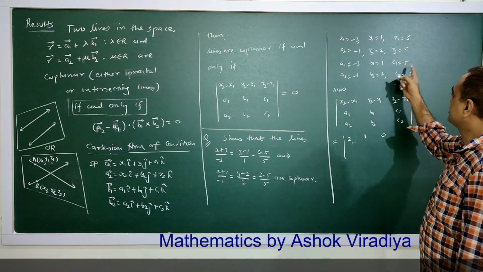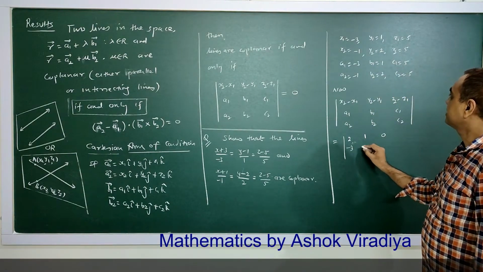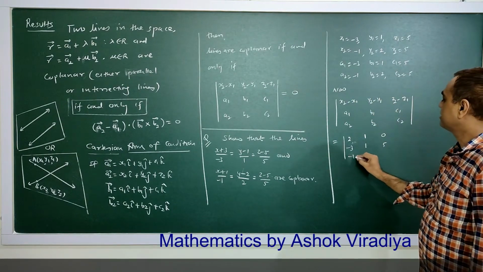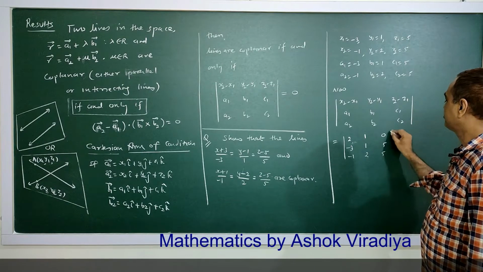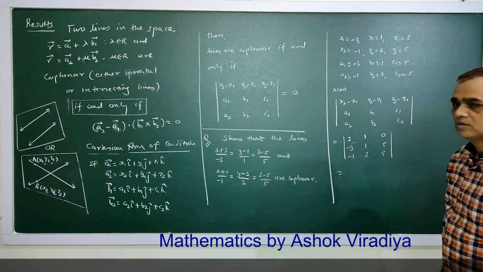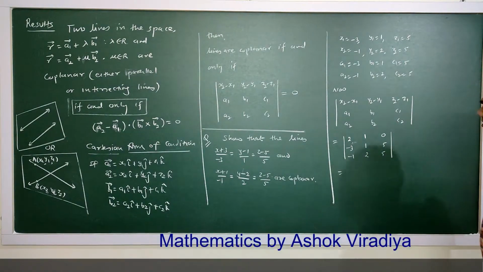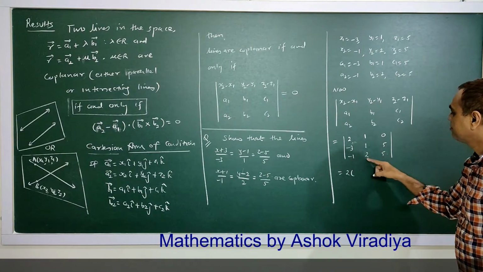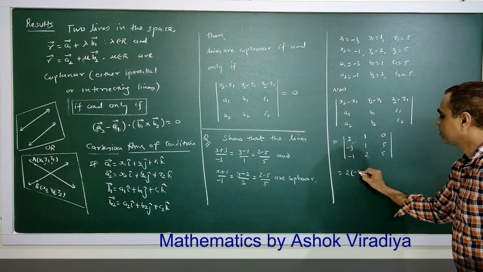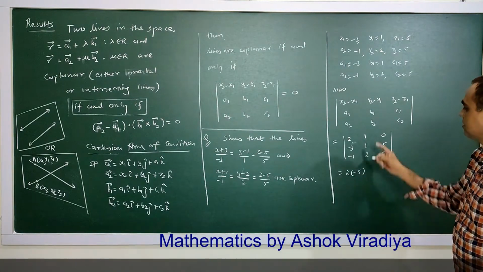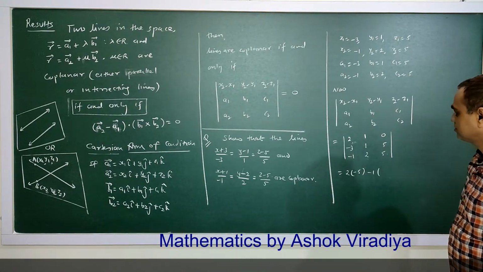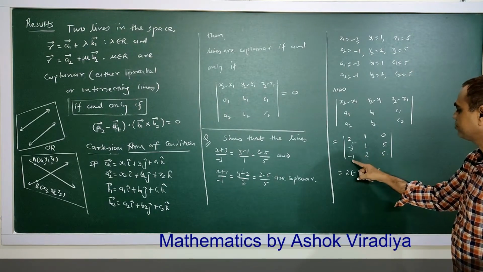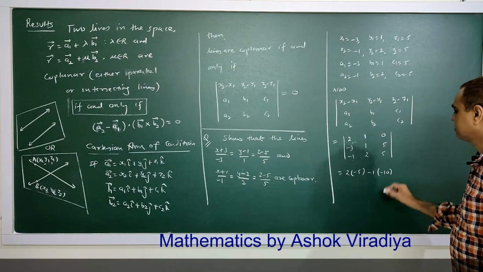Then a1 b1 c1, minus 3 1 5, a2 b2 c2, minus 1 2 5. Now expanding this, 2 into 5 minus 10, so minus 5, minus 1 into minus 15 plus 5, so minus 10.